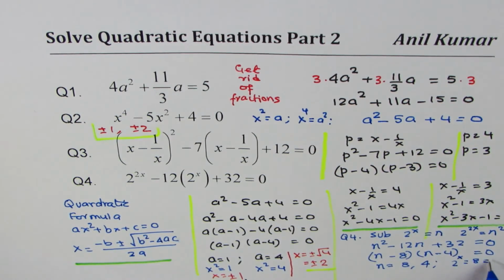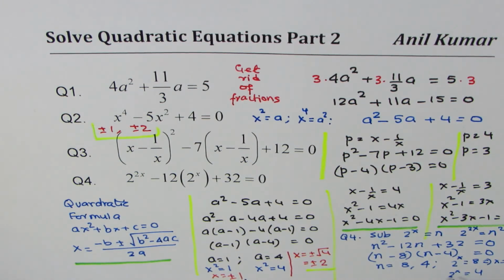That means x equals to 3, and 2 to the power of x is 4, right? So you can find the answer from here: 2 to the power of what is 4, right?